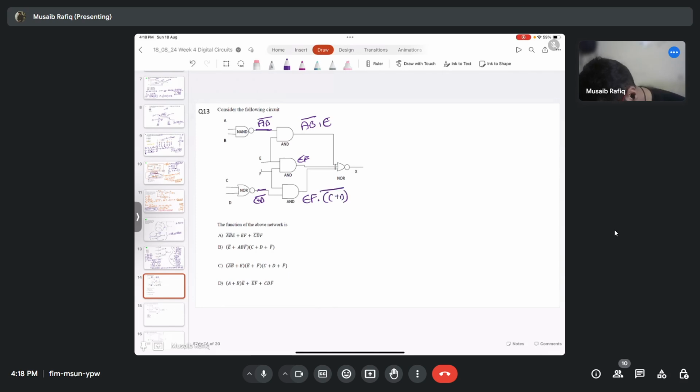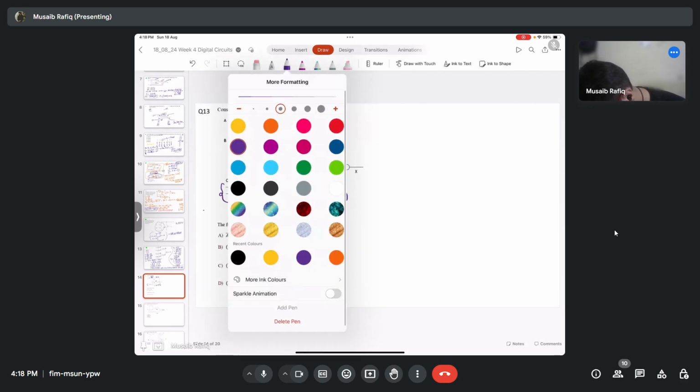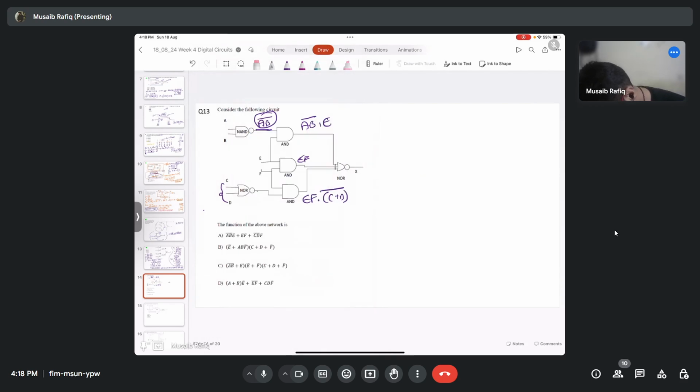What I did here is, this is the AND operation of A and B, so I have (AB) whole bar. This is a NOR operation between C and D, so it's (C plus D) bar. This is an AND operation between E and F. I think I made a mistake here.